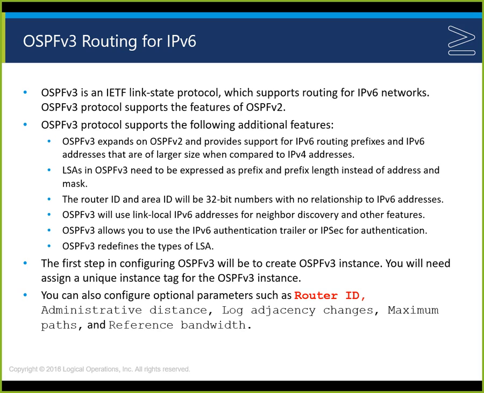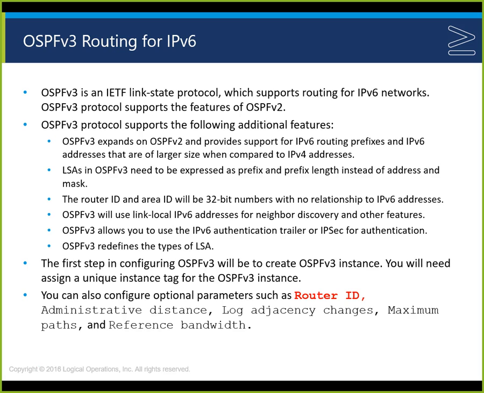But it is one that is available, OSPF for IPv6, version 3. The protocol supports some additional features, provides support for IPv6 routing prefixes and IPv6 addresses, the larger ones. The LSAs need to be expressed as a prefix and a prefix length.